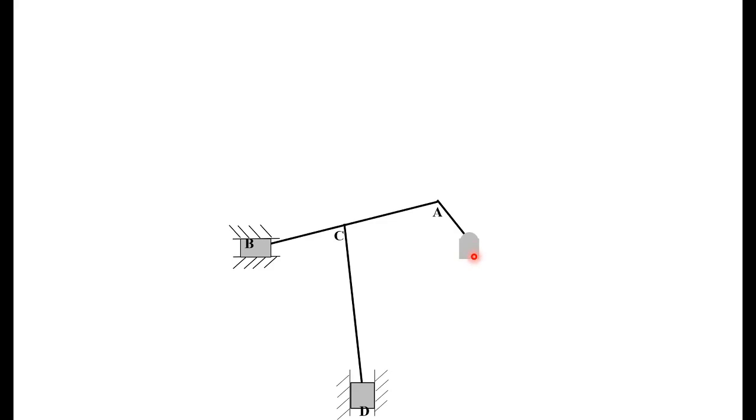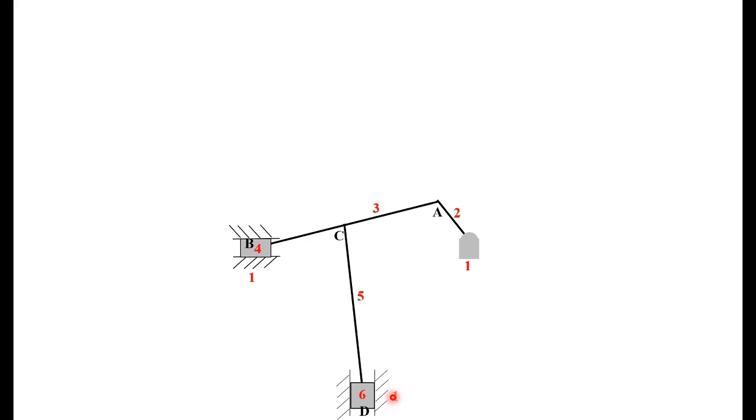Then next we will name the links. All fixed links are 1. Here we have a fixed link. Here the slider path is fixed. Again, here the slider path is fixed. So all are 1. Then link 2 is the crank. Link 3 is AB. And link 4 is the slider. Link 5 is CD. And link 6 is the slider.